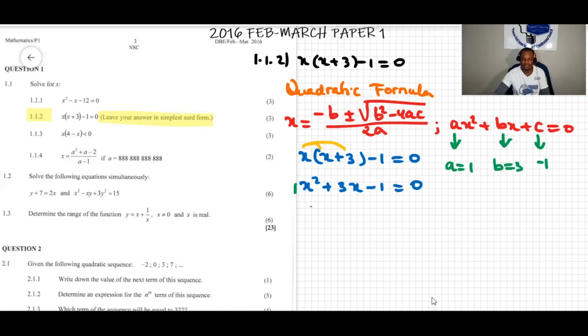C is negative 1, not 1, because we need to take the numbers together with the sign. Then I can use the quadratic formula.